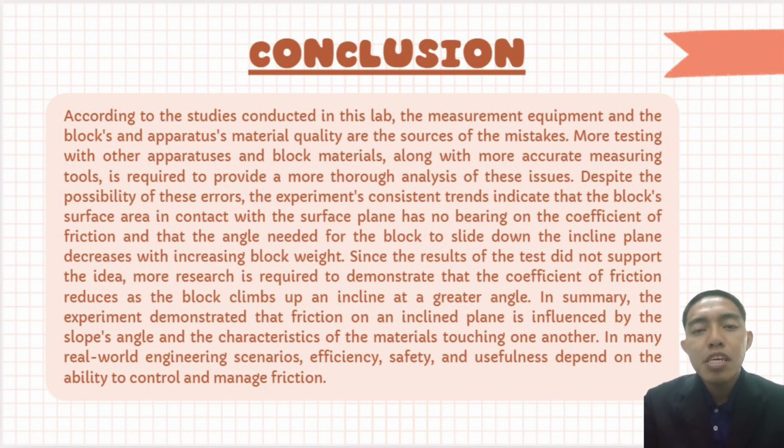Despite the possibility of this error, the experiment's consistent trend indicates that the block's surface area in contact with the plane has no bearing on the coefficient of friction, and the angle needed for the block to slide down the inclined plane decreases with increasing block weights.